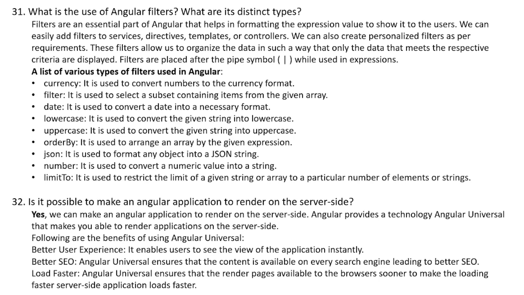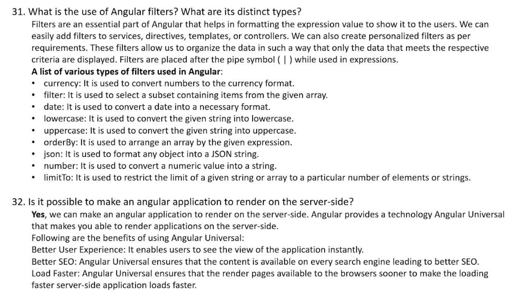A list of various types of filters used in Angular. Currency. It is used to convert numbers to the currency format. Filter. It is used to select a subset containing items from the given array. Date. It is used to convert a date into a necessary format. Lowercase. It is used to convert the given string into lowercase. Uppercase.